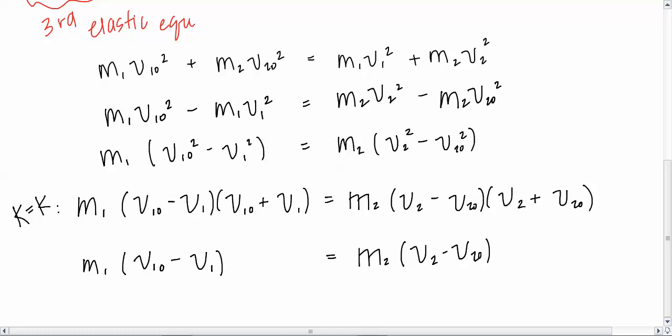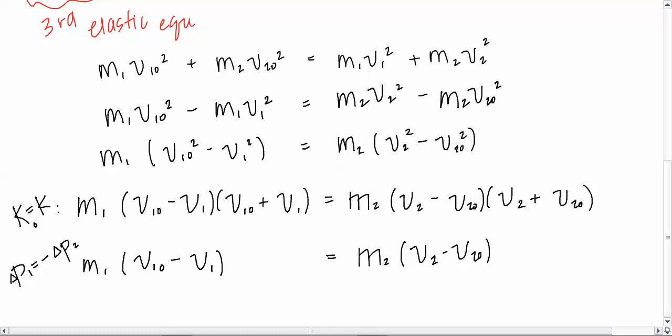That is, the change in momentum of one object is equal to the negative change in momentum of the other object.